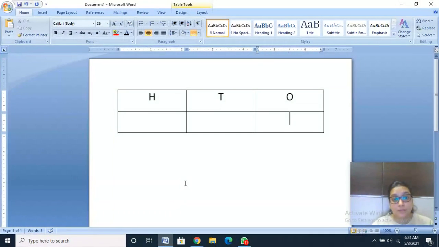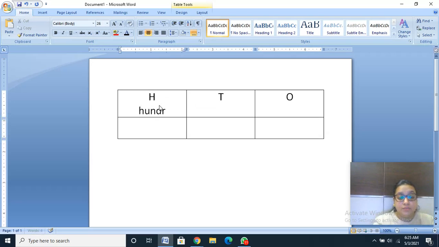Now see here. I have hundreds, tens, and ones. H means hundreds, T means tens, and O means ones. So we always start our counting from ones.